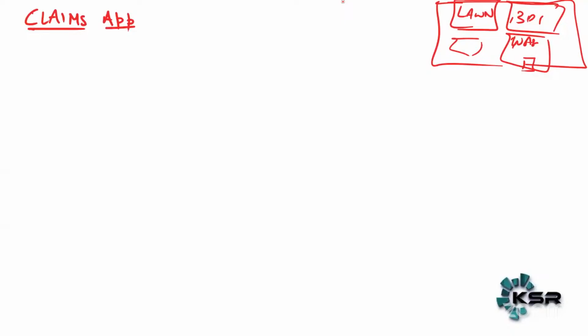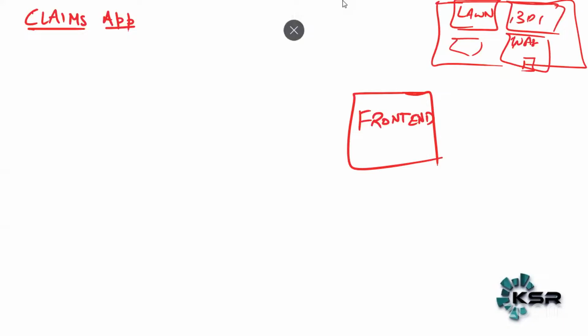So guys, in the claims app, according to you, what are the different components which are required? First thing first, there should be a front end where users will go ahead and add the claims. Correct, guys?